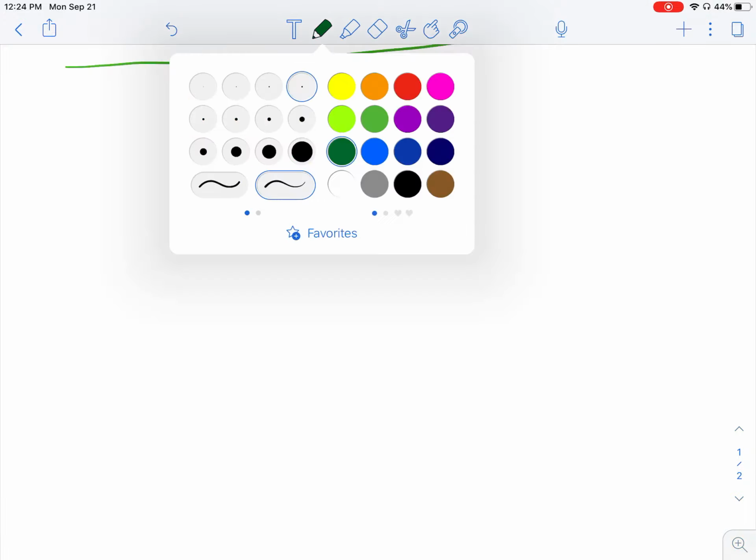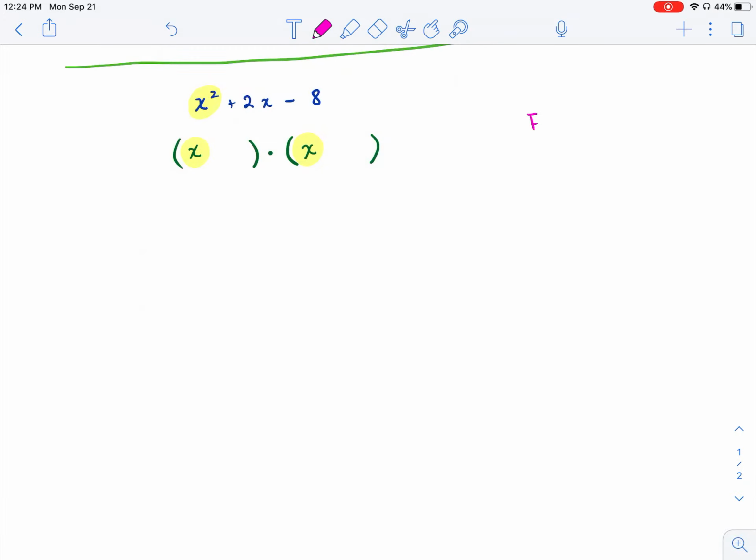There's something called a factor diamond. It basically just helps us stay organized. So here, let me just draw this factor diamond. For this factor diamond, you're going to put the B term below.